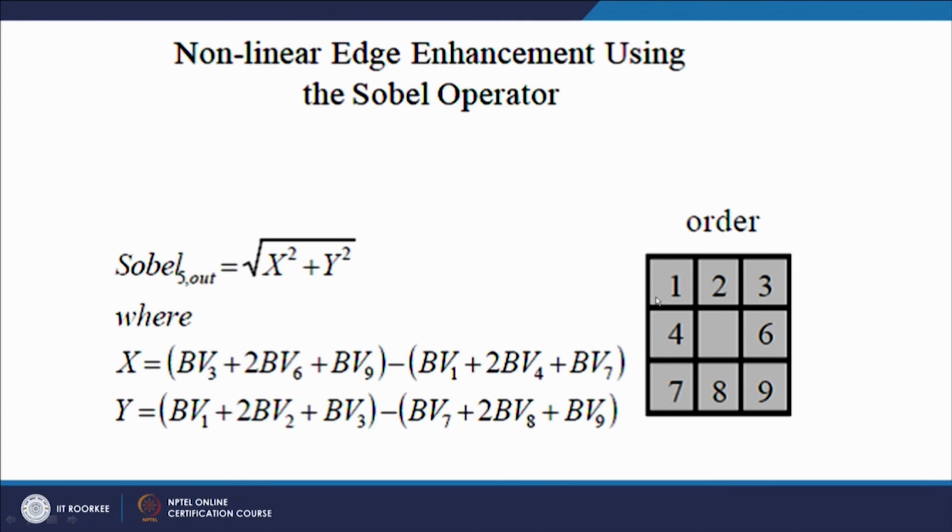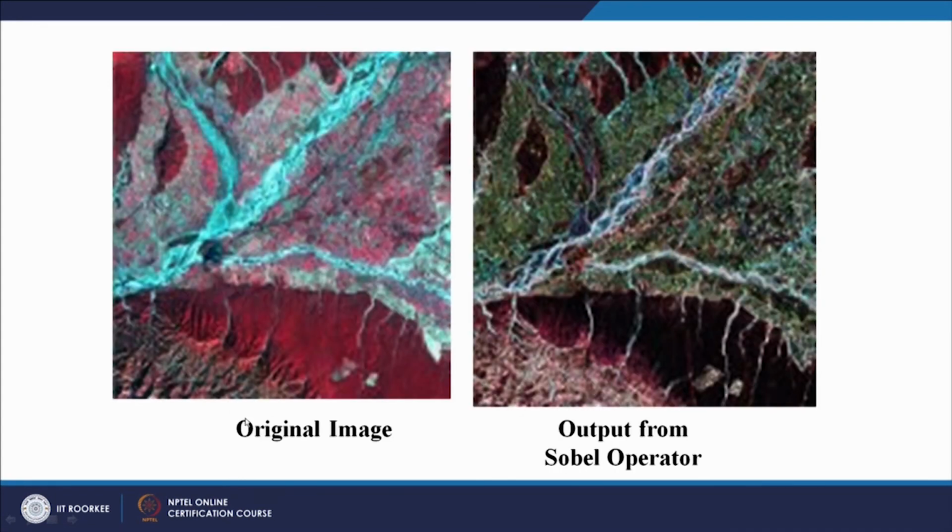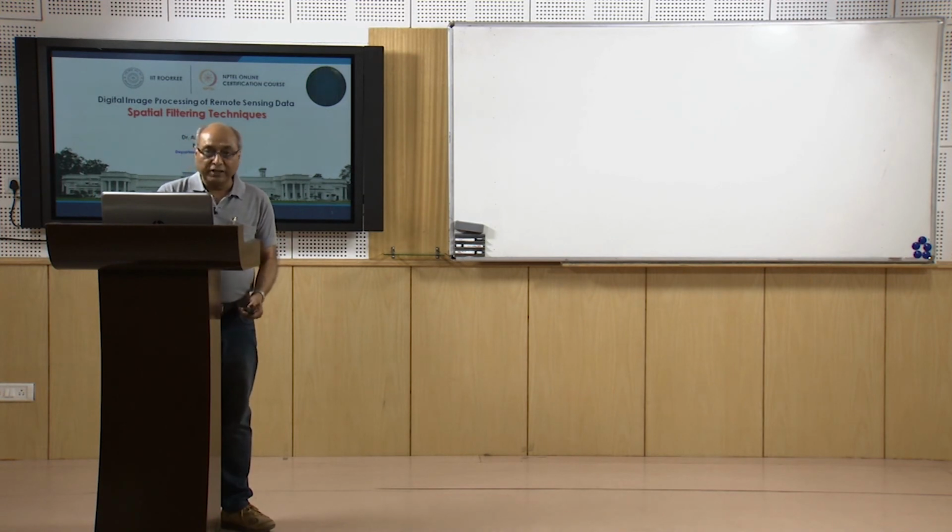So this kind of calculation can be performed. One of the outputs is like this. This is the original image. After going through the Sobel filter, the image becomes something like this, and features are much more highlighted, edges are much clearer as compared to the original image. So there are various such filters. One can also design one's own filter as per requirements and use them in digital image processing software.